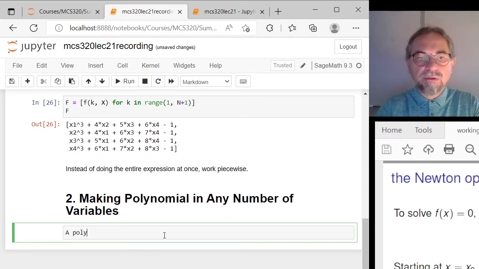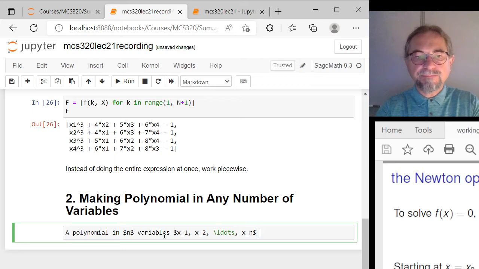So a polynomial in n variables. So again, x1, x2, xn. So n is the first dimension.